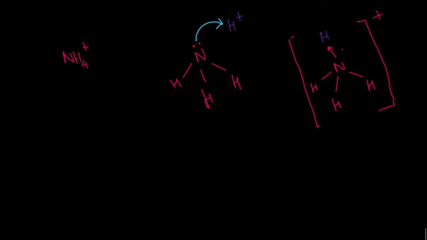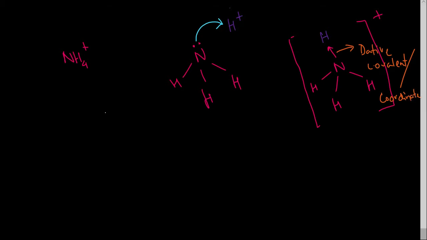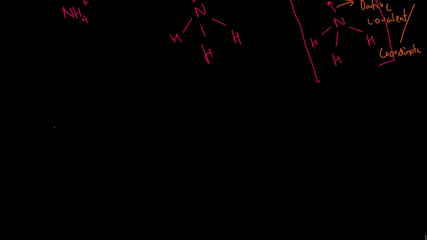If you do not know, this type of bond is called a dative covalent bond. It's also called a coordinate bond. So basically, you're just helping your friend here. Anyway, we're going to consider them as regular covalent bonds.